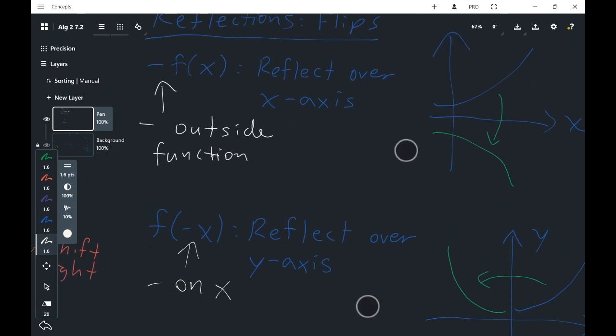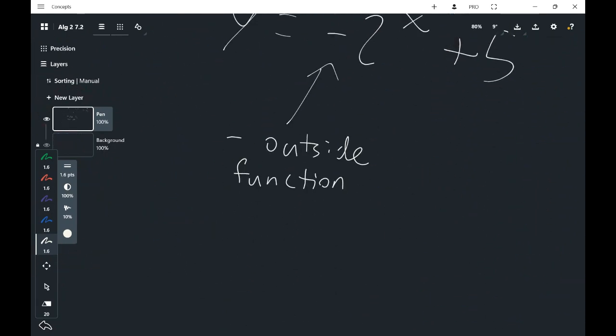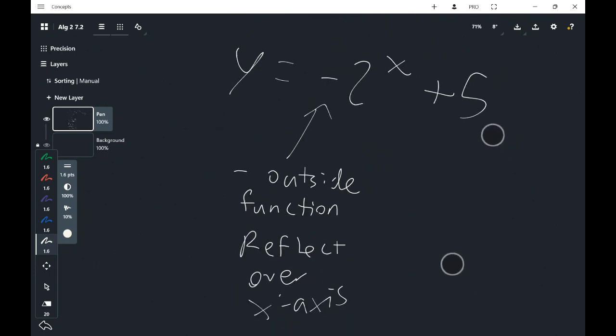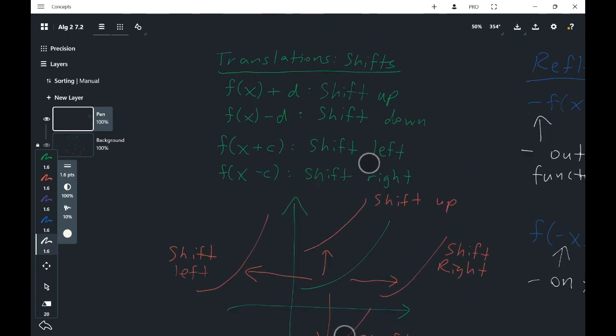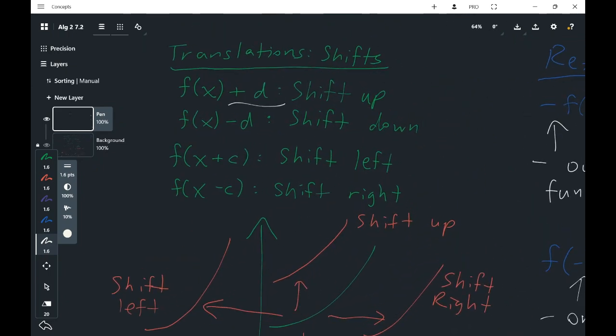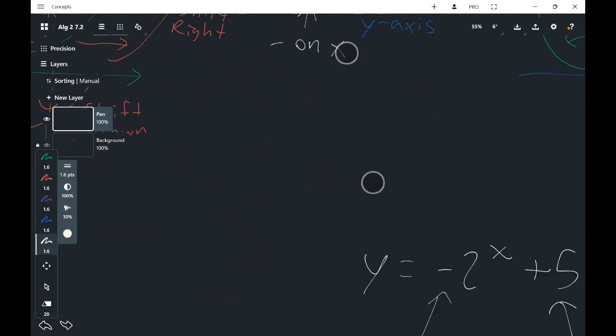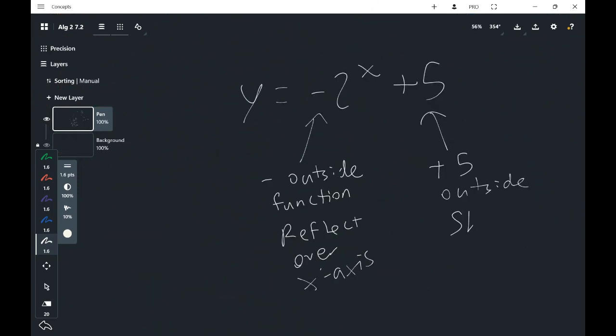If I have a negative on the outside, that's a reflection over the x. And then if I have a plus on the outside here, this is a plus 5 outside of the function. Based on our notes here, this is a shift up.